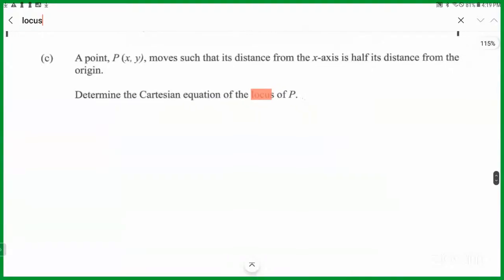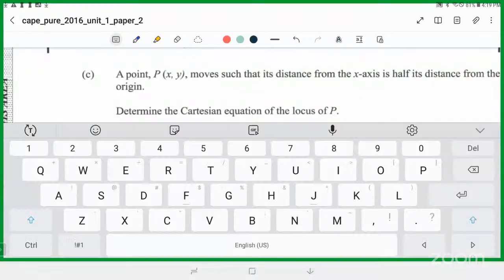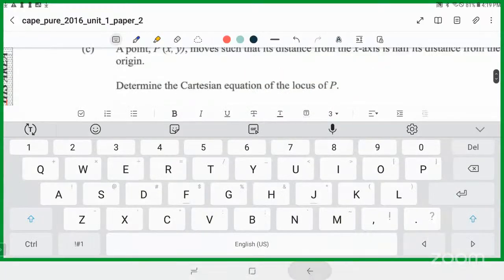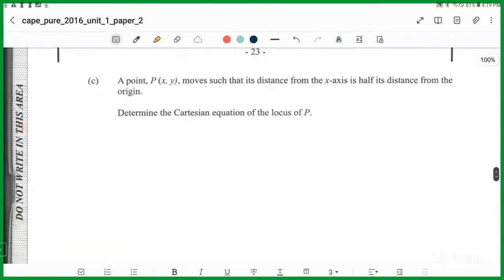See there? This one says point P must be such that the distance from the x-axis is half the distance from the origin. I'm going to do this one, and I'm going to call it a day. I'm going to look for another one first, before I call it a day. Let me look first.